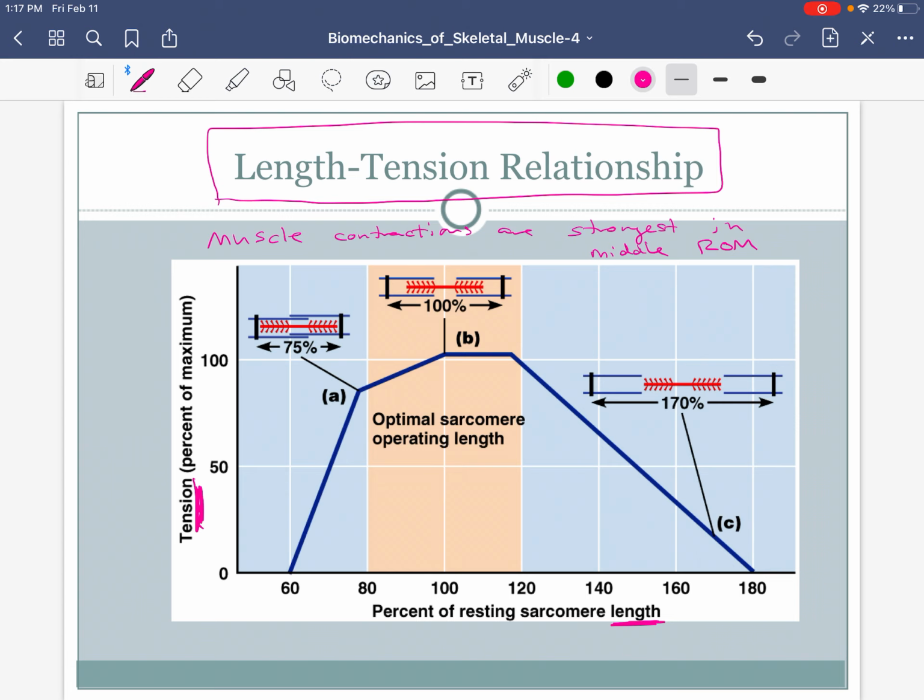Easiest example is to think about the arm and forearm. So imagine we're looking here at the elbow. I'm considering drawing the elbow, but it's not going to look so good. So we have a person, right?